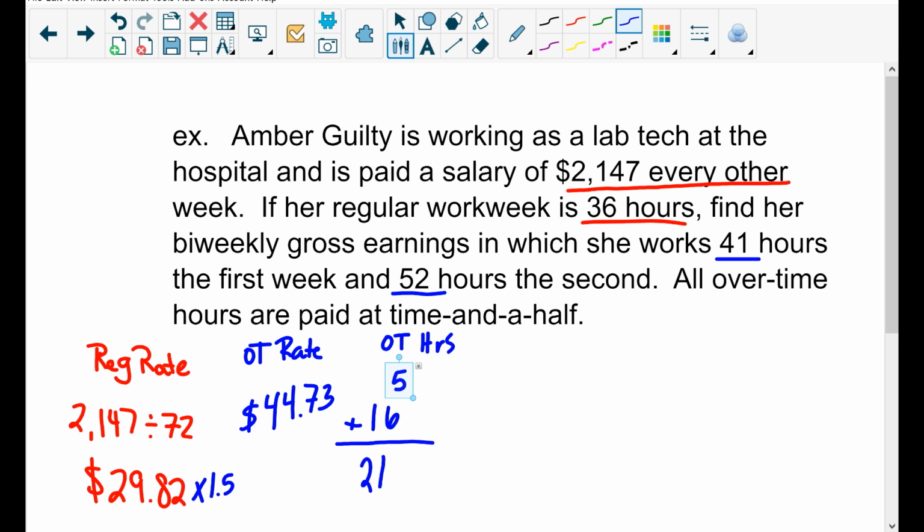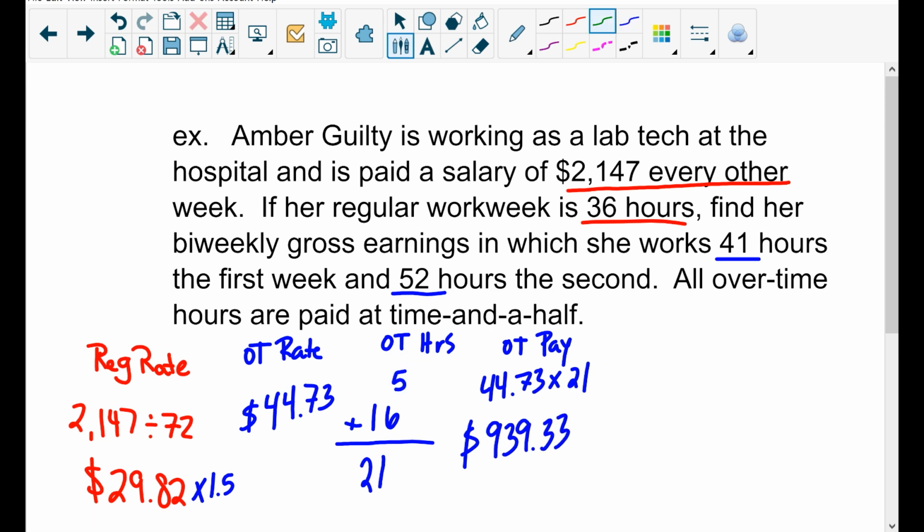So since we're talking about overtime, might as well just calculate the overtime pay. Take our rate, $44.73 times 21. So what's $44.73 times 21? 939.33.